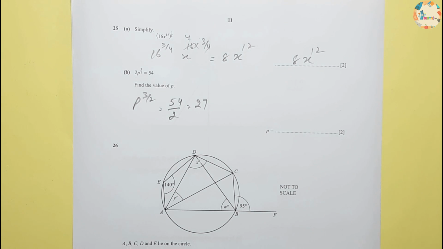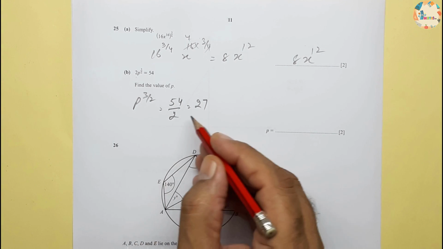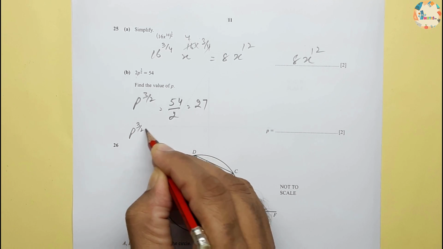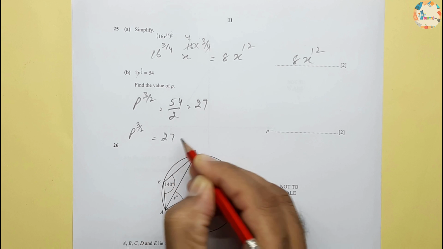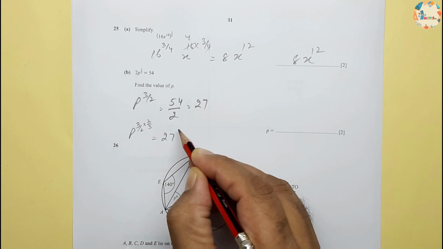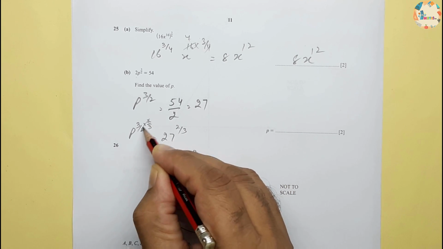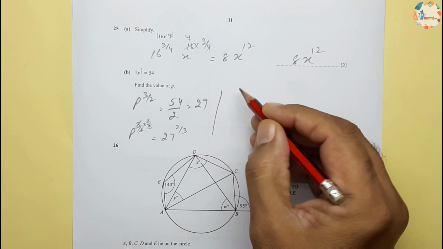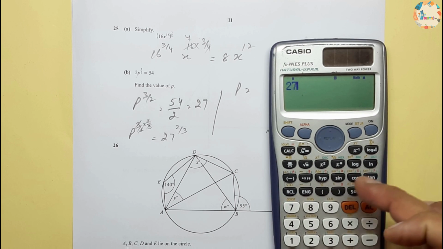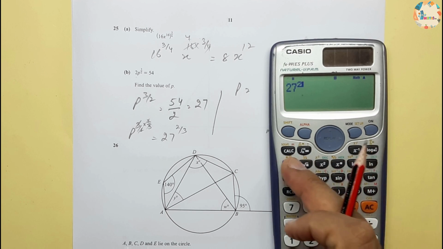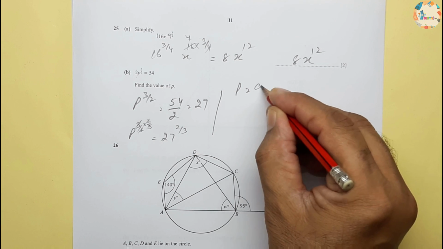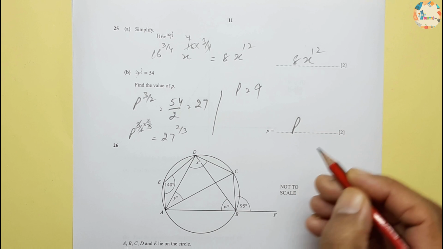Then, p raised to 3 by 2 is equal to 27. We can take power 2 by 3 on both sides. This will be cancelled. So our answer will be p is equal to 27 raised to the power 2 over 3, and this is equal to 9. So p is equal to 9 will be our answer.